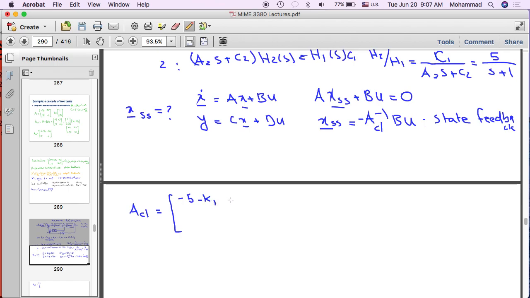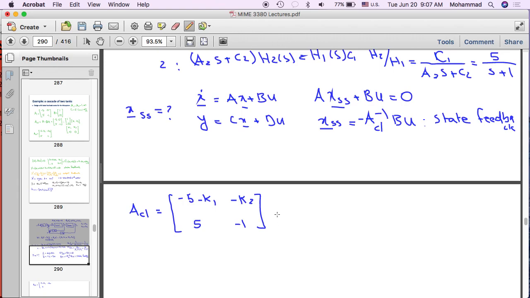What is the second element on row 1? Minus K2. What is the second row, column 1? Negative 1. So that's A closed loop, thank you.